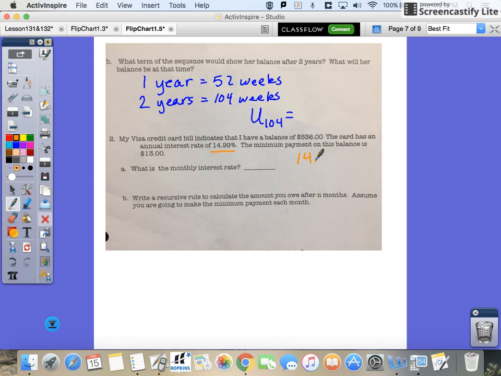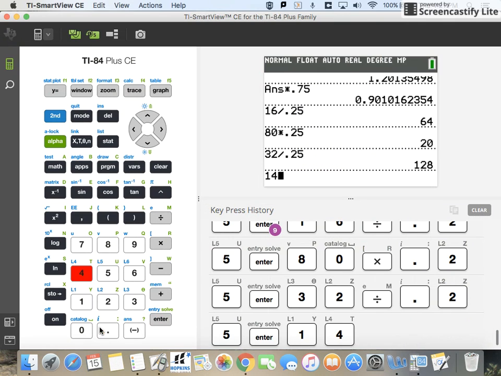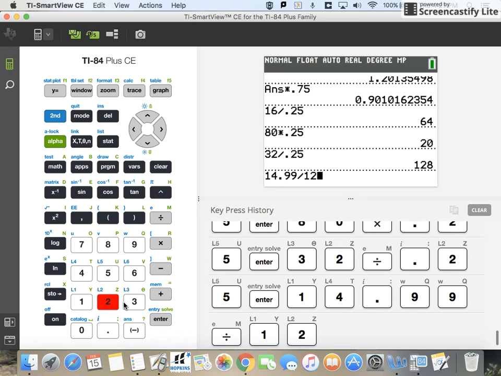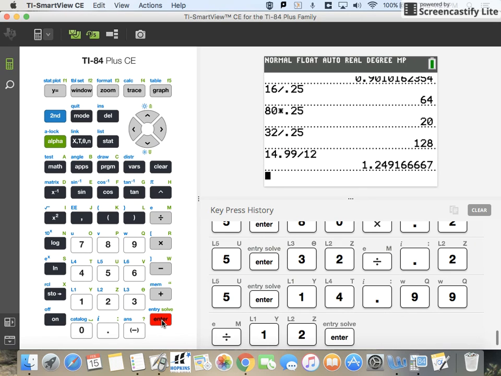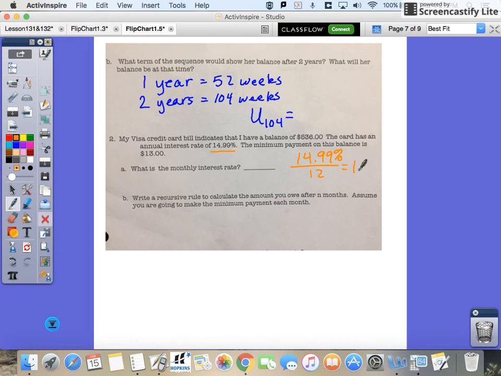So we're going to go 14.99% divided by 12, and we get 1.2492. They will get every little part of that decimal in there just to make sure you're clear that they're going to take advantage. So your monthly interest rate is 1.2492%.